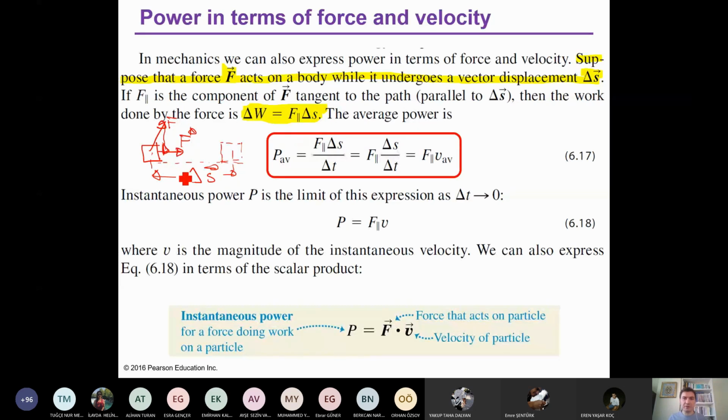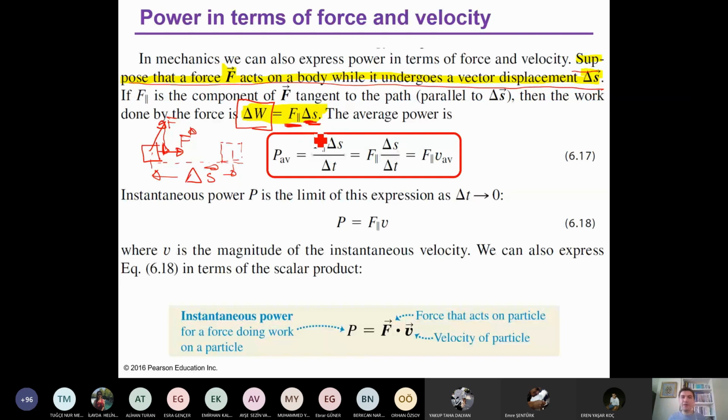Okay, so suppose that a force acts on a body while it undergoes a vector displacement delta S. Then the work done by this force is given by delta W, which is equal to the parallel component of the force times the displacement.